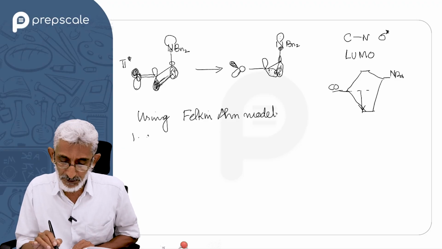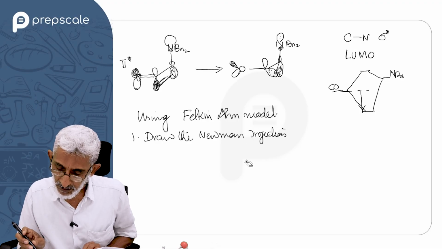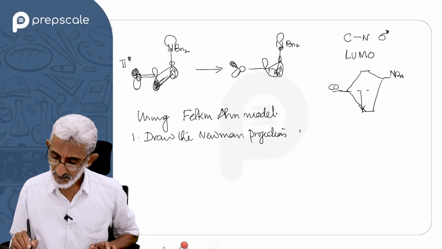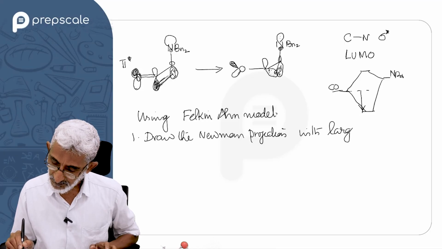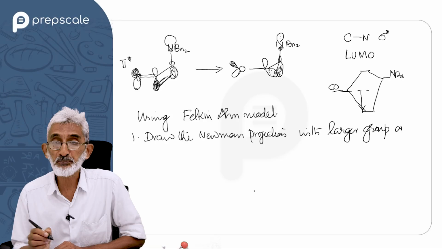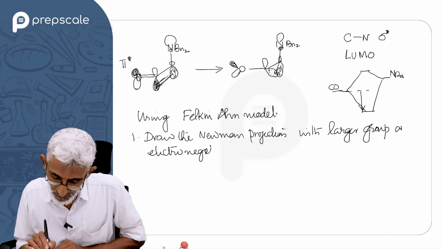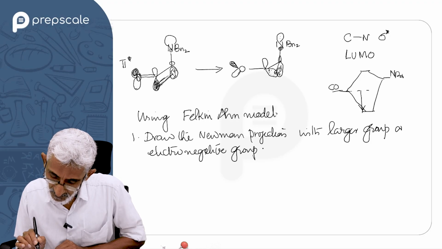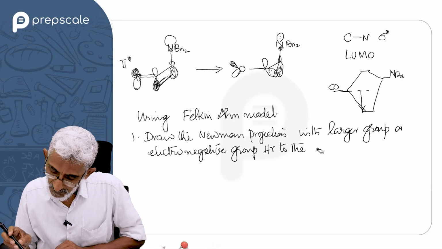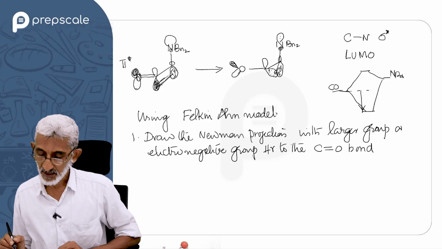Step number 1, draw the Newman projection with the larger group, or electronegative group, perpendicular to the carbonyl bond. Okay, that's the first step.